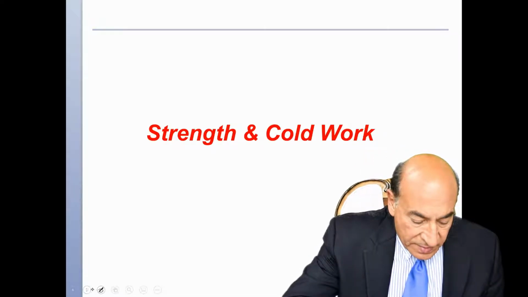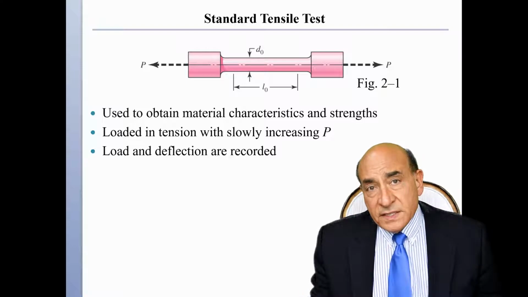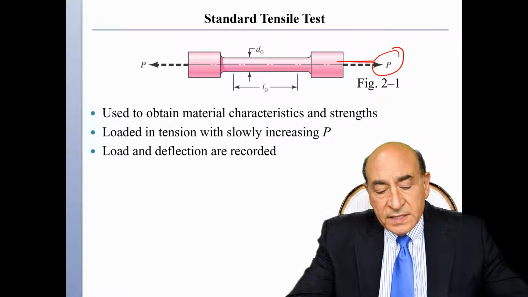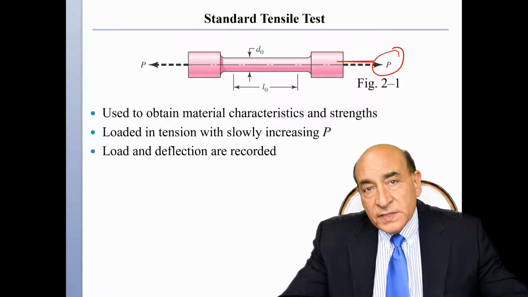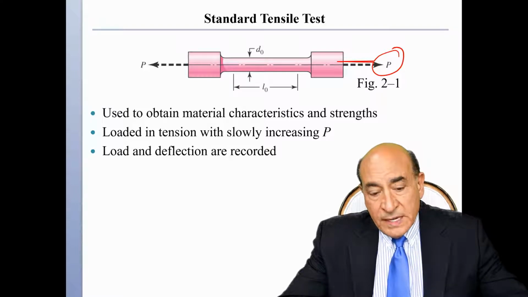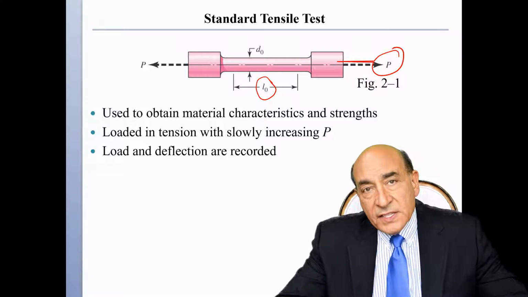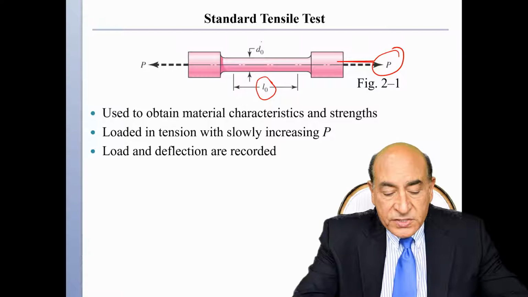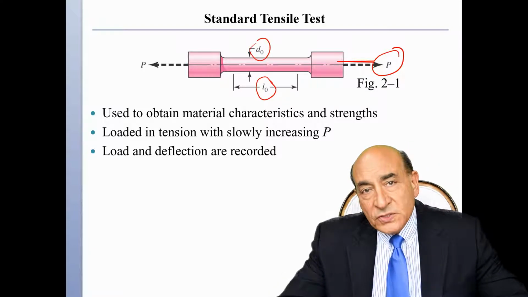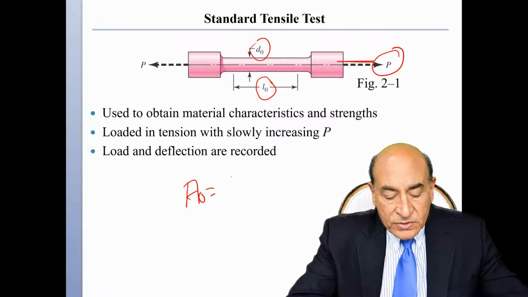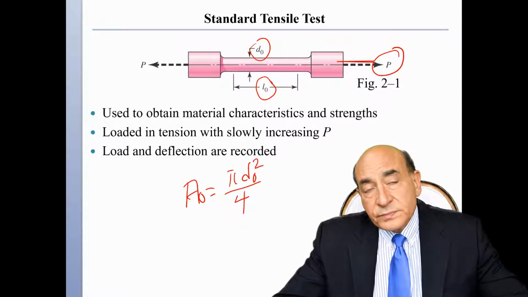So starting from the basic tensile test, in which we have a load P applied to a specimen. The specimen is usually of standard dimensions, and it has a gauge length. We call it L0 as a gauge length, and it has an initial diameter D0. If it is a round cross section, then the area A0 is equal to pi D0 squared divided by 4.